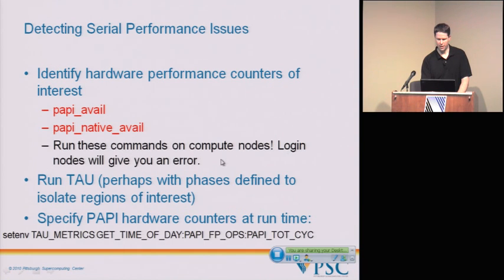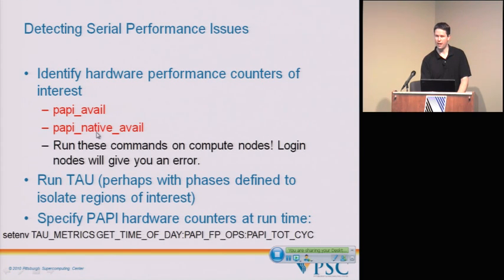The login nodes may or may not give you an error, depending on if they're configured. I think on Kraken they probably would, for example, since this command is going to be configured to run on the compute nodes, which run a different operating system. Anyway, you want to make sure that you get that information from the compute node.